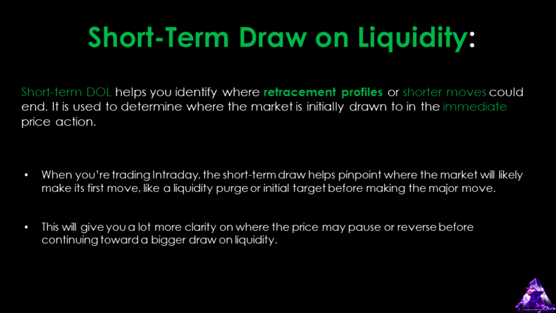Even if the draw on liquidity target is higher, the market will make retracement profiles in the opposite direction, rejecting lower levels in a bullish order flow or higher levels in a bearish order flow. These retracement profiles are essential to rebalance expansion swings and ranges.